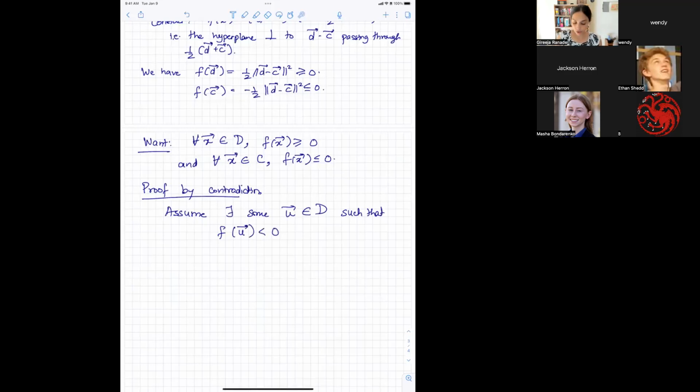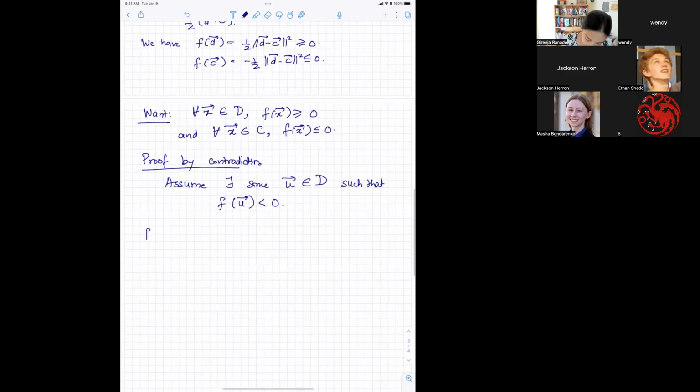So we want to prove that it's greater than or equal to 0 for all vectors in D. So let's say there exists some vector in D such that it's less than 0. Now note that we also want to show that for every vector in C, f of x is less than or equal to 0. What we're going to do is show this case for u belonging to D, and then the proof for the vectors that belong to C would follow analogously. So we don't have to do that explicitly. We're just going to focus on this one case, okay?